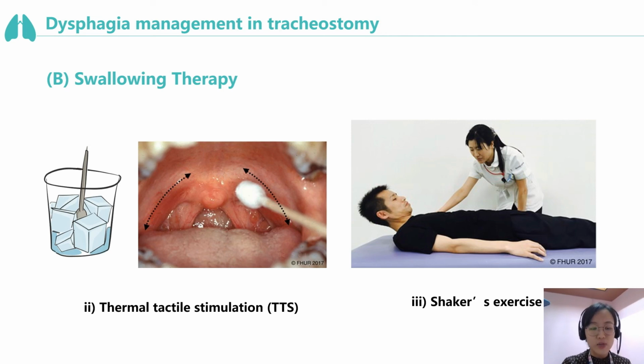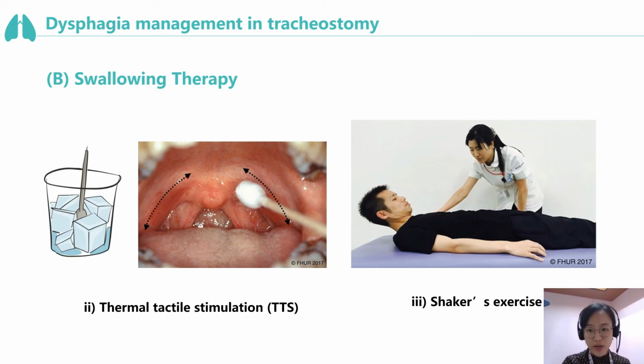Make sure you use a small metal spoon because you want to swipe at the anterior faucial pillar. You swipe 3 times on the left side, also 3 times on the right side, and we ask the patient to swallow. We believe that TTS can increase the swallow reflex.